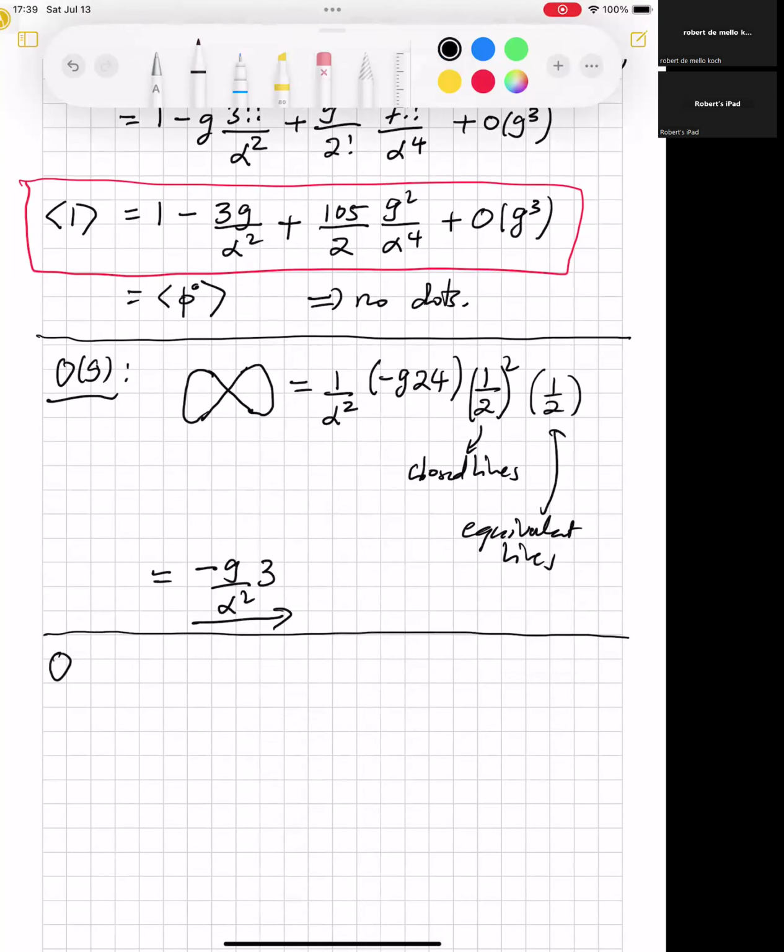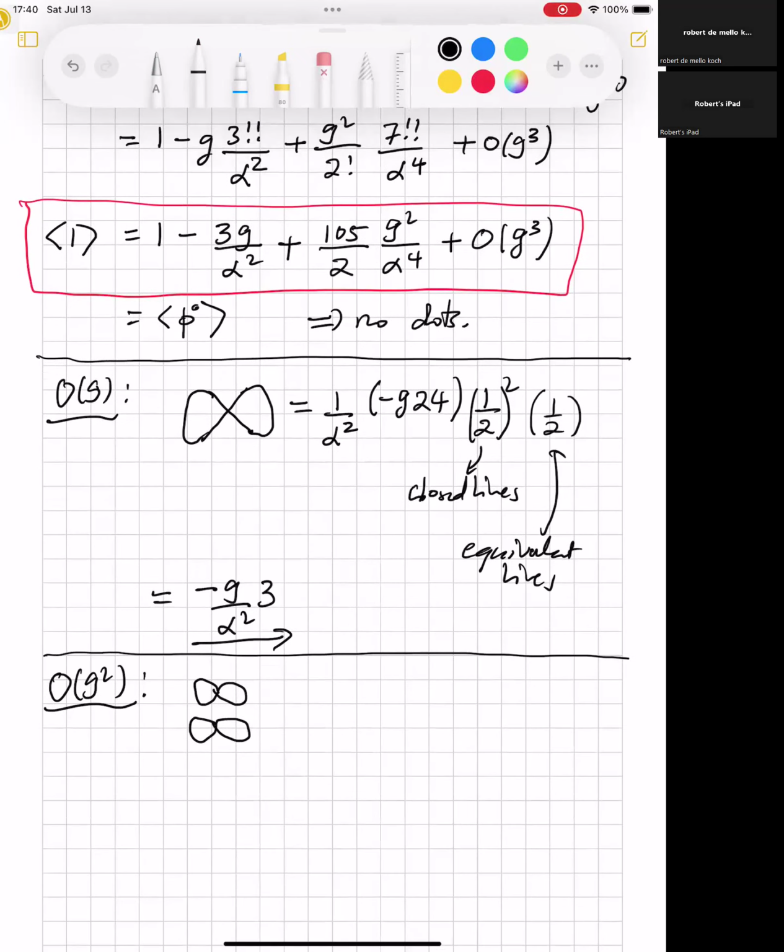So if we study order g squared, we need to draw all Feynman diagrams with 2 vertices. So let's try to write down all of the diagrams that can be drawn with 2 vertices. If I remember correctly, there's 3 of them. So here is the first one, where we repeat this diagram that we had at order g. And then what we could do is connect 2 legs on each vertex.